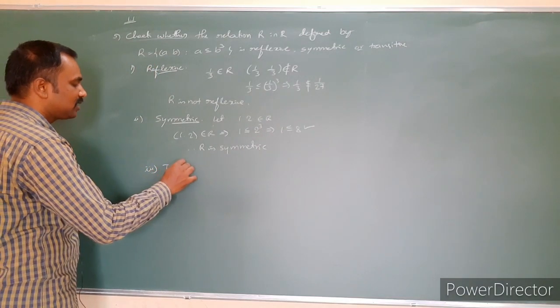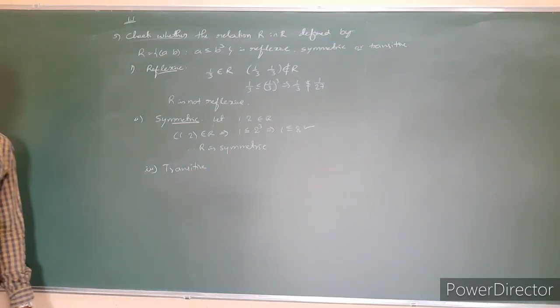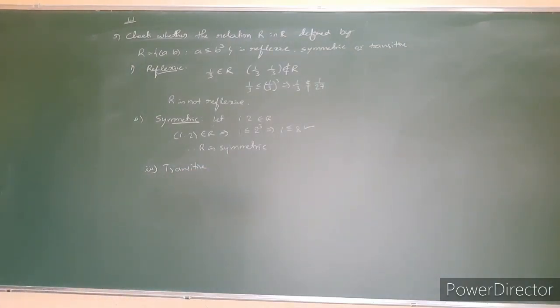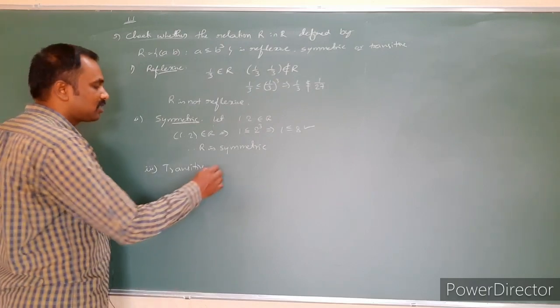Next, go for the third case. What is the third case? Transitive. Yes, transitive means we need to check it, which requires 3 numbers. So what are the 3 numbers you are going to choose? Two ordered pairs must be present in the relation.